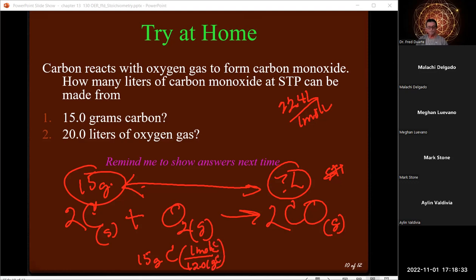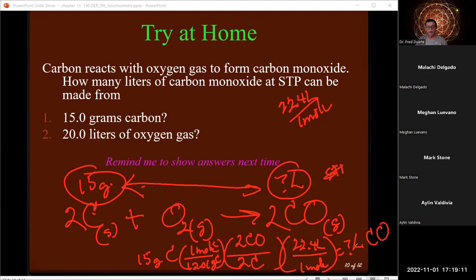Then we see that there's a relationship between carbon monoxide and carbon. It's 2 to 2, 2 CO, 2 carbon monoxide to 2 carbon. So that would give us the moles of carbon monoxide. And if we do the final one at 22.4 liters per 1 mole, that will put us into liters of carbon monoxide. Okay, you see how my units cancel here?